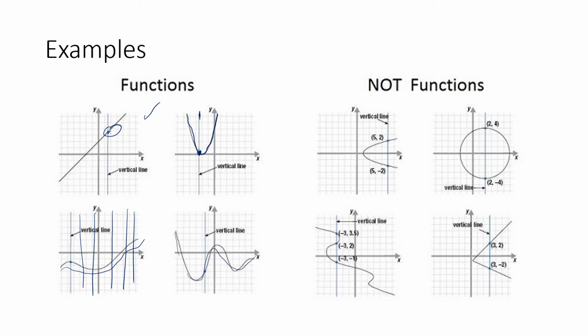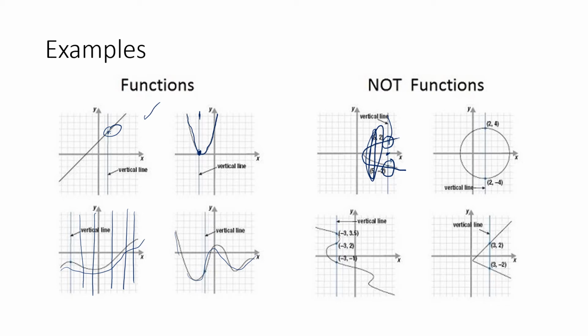Over here, notice that our vertical line is going to pass through the relation twice. When we have this C shape, that vertical line passes through the line here at a positive y value of 2, and here at a negative y value of 2, but at both places we're at 5 on our x-axis. So we have two 5s.